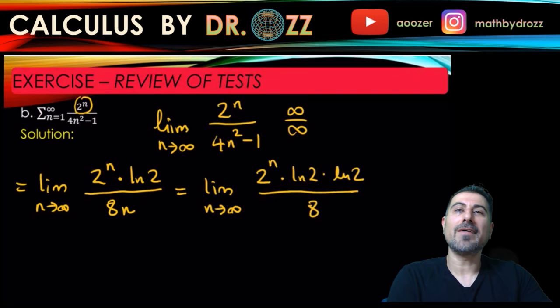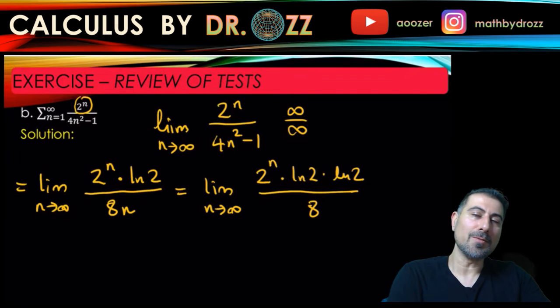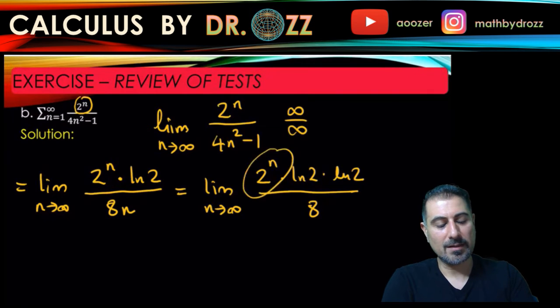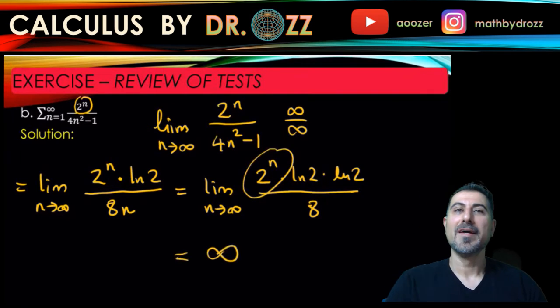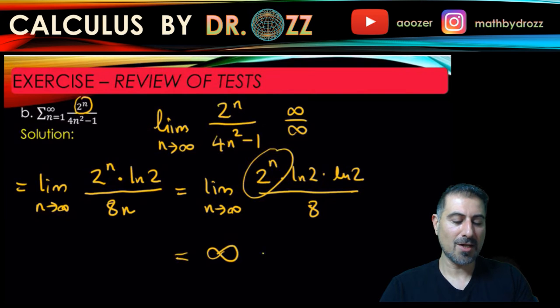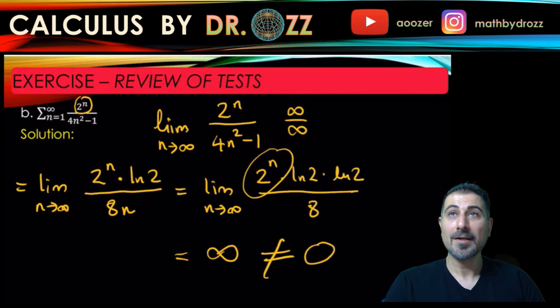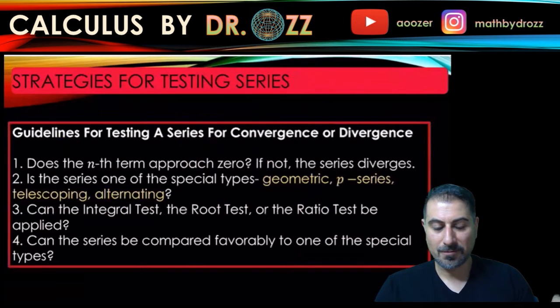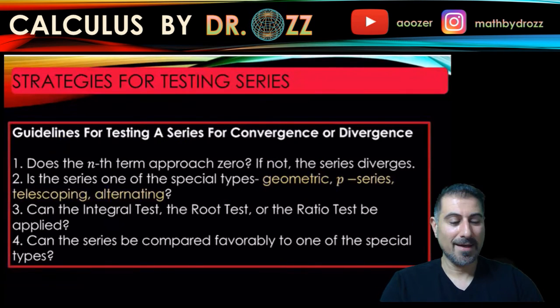That's awesome because I have no n-related term in the bottom, but still 2 to the n at the top. So that 2 to the n is going to let this go to infinity. Obviously this limit is not equal to 0 for sure, and we just nailed this in the first shot. That's awesome, right?